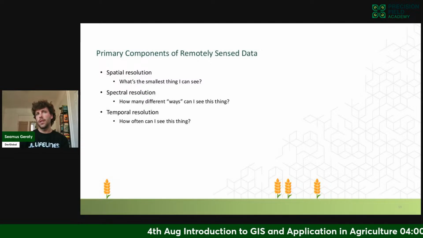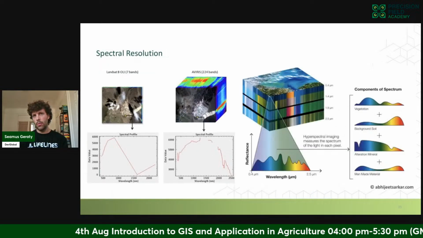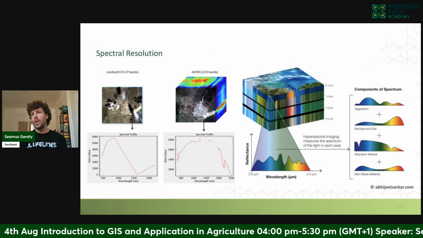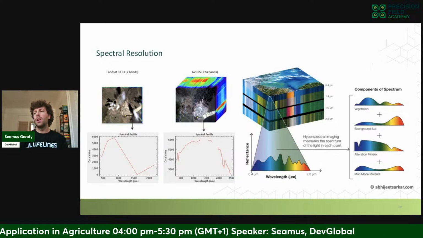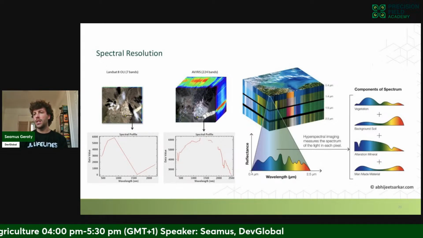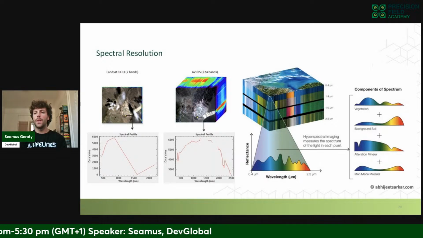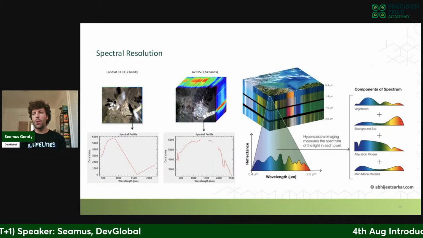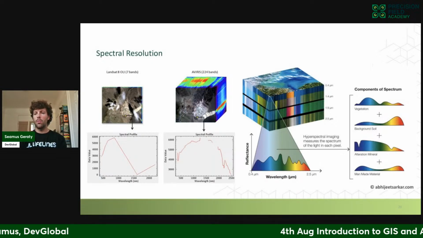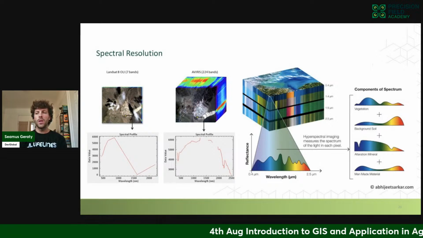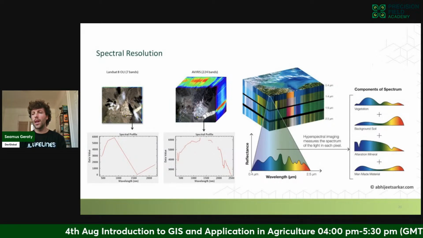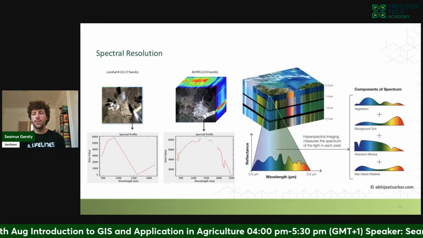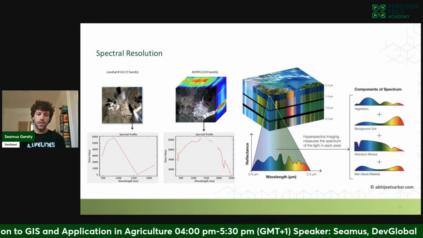The next slide, just talking through spectral resolution a little bit more and showing some examples. It shows how hyperspectral imaging measures the continuous spectrum of light in each pixel, allowing us to identify the unique spectral profiles of different components like vegetation, soil, minerals, or man-made materials. As I've already mentioned, the high level of detail here enables highly precise analysis and differentiation of the surface features.